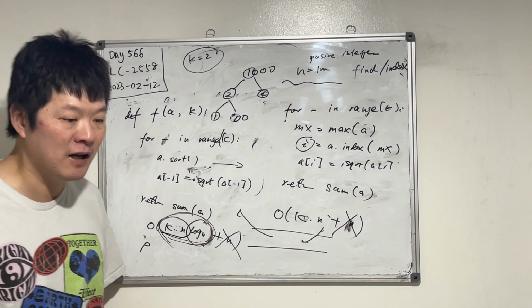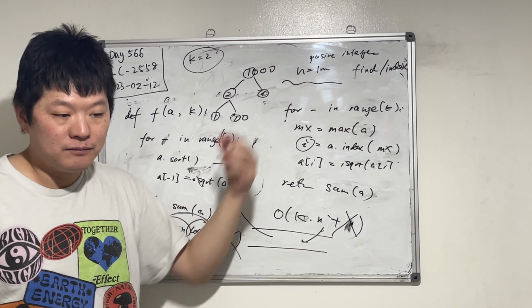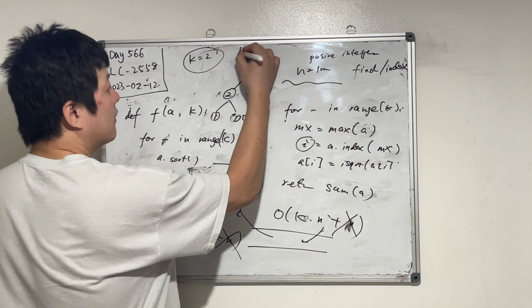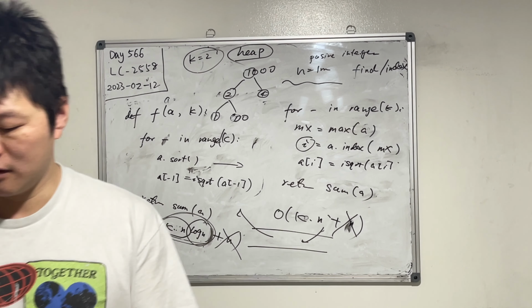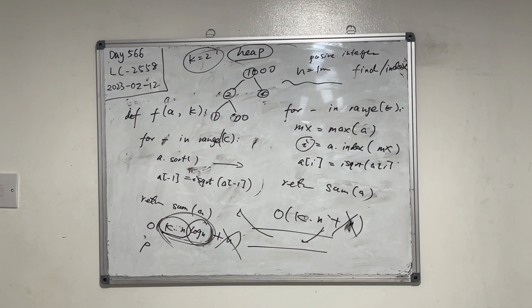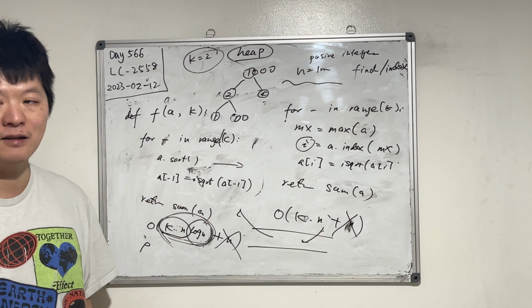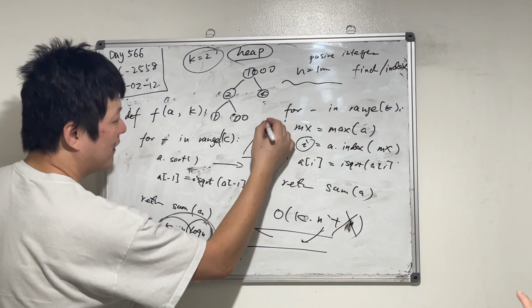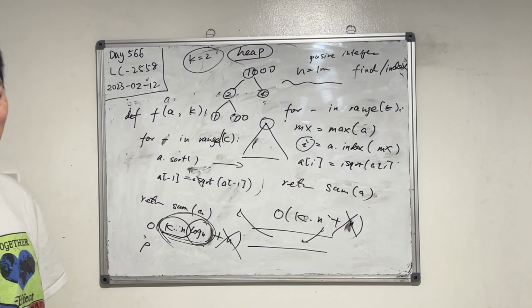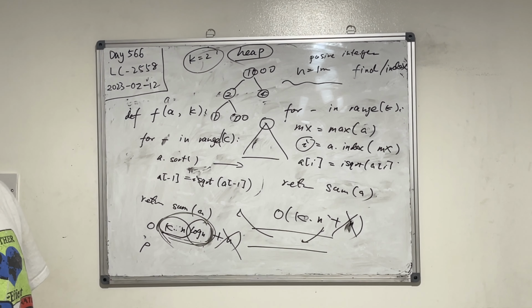And we can use that. The thing is that a heap should always have the maximum on top, because a heap is like a hill. If the minimum was at the root, then it would just be a hole, not a heap. A heap is kind of like a hill. So the maximum should be on the top, but if the minimum is on the top, then it's just a hole, not a heap.